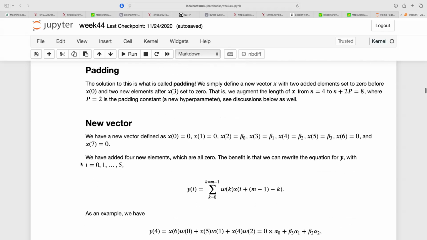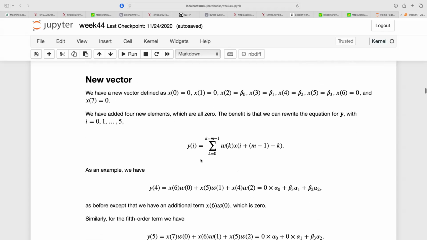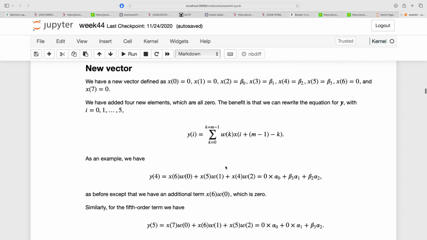So what we ended up with then is a new vector which runs like this. Originally this was set to 0. When we rewrote them, because we start with the index 0, x2 is the same as the original beta 0, etc., etc. And then we end up with x7 here. And then we can rewrite this term like that.